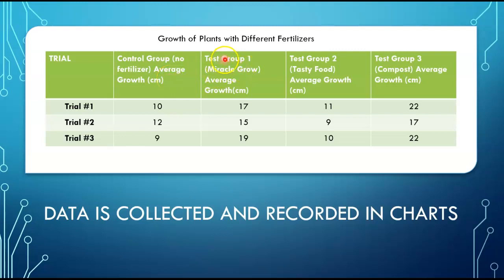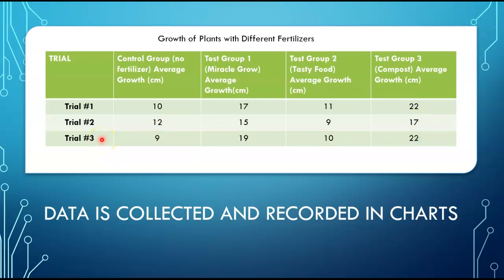If we take a look at test group 1, we're talking about the group that was grown with Miracle-Gro, and the growth of Miracle-Gro fertilized plants in trial 1 was 17, trial 2 was 15, trial 3 was 19. Similarly, we've got another group that was grown with Tasty Food, and then another group that was grown with compost. So we can read what growth occurred in which trial.